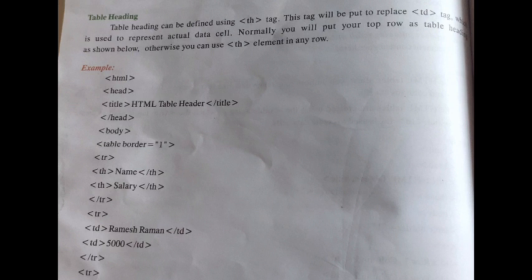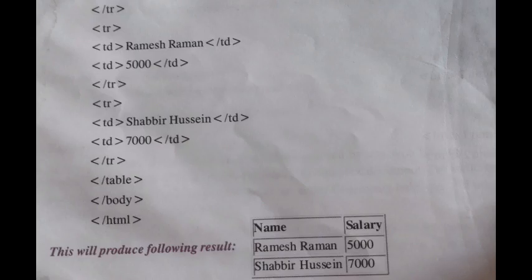When you see the result, you will know the difference between TH and TD tags. Yes, can you see the result? The name and salary of the table heading come in bold. Other things are in normal font size. So when you use TH for the information, it will come in bold. When you use normal TD, it will come in the normal font.